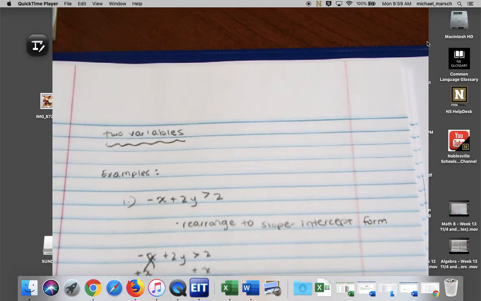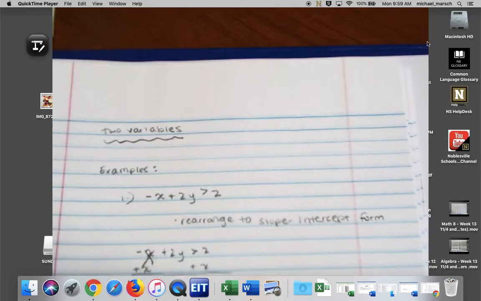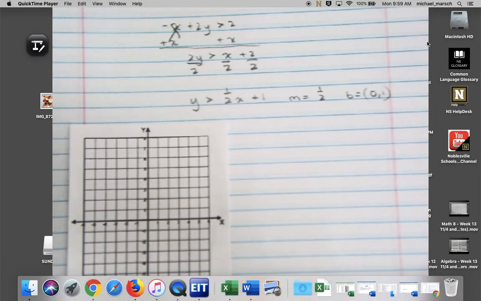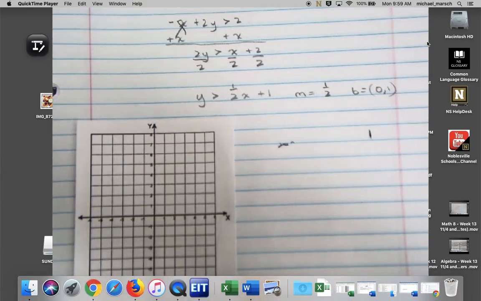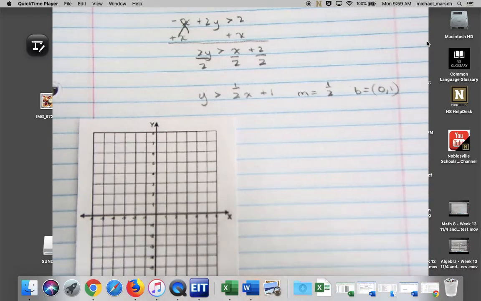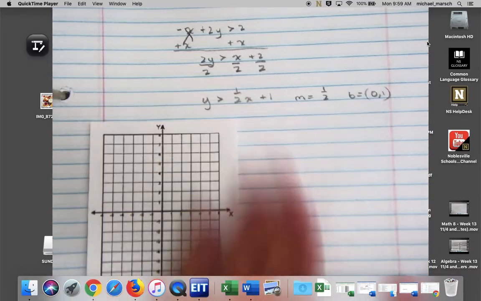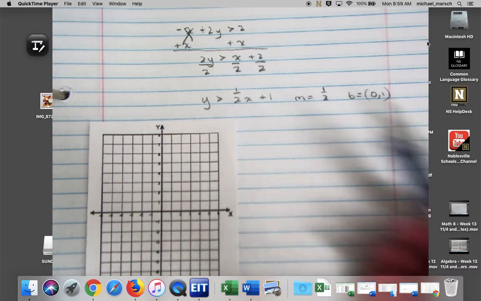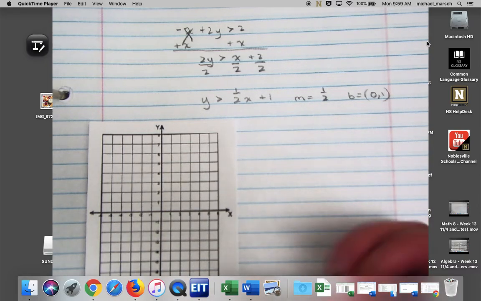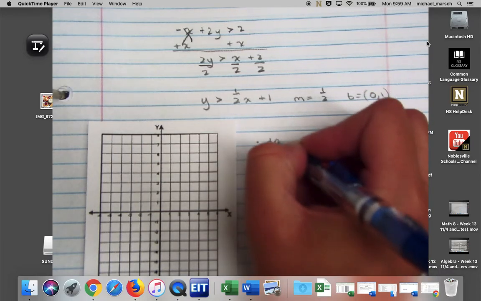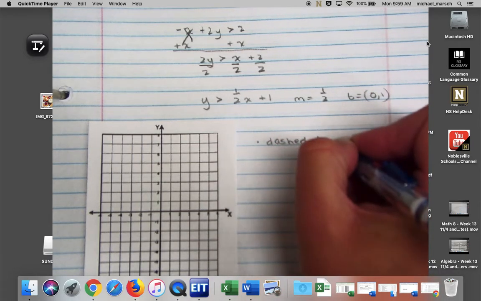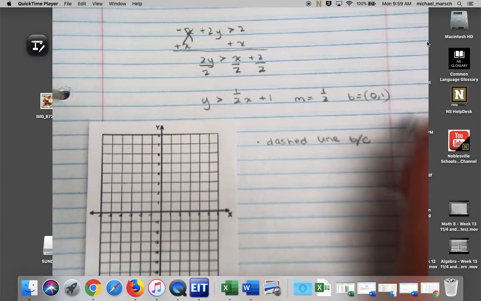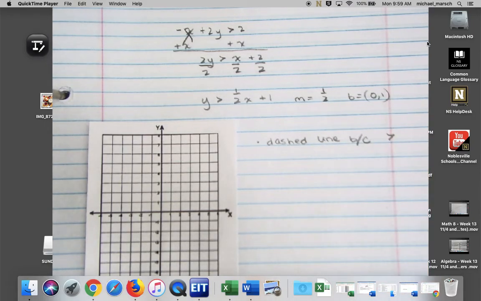Okay, so I've got my graph here, plenty of space this time. Oops, sorry guys. You can see my little eraser marks. Okay, so a couple things from the previous example. I am going to have what kind of line? When you look at this linear inequality, what kind of line am I going to have? Hopefully you guys are saying it's going to be a dashed line because it's only greater than. There's no equal to.